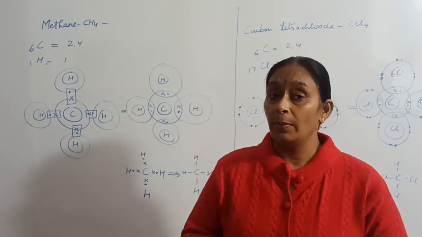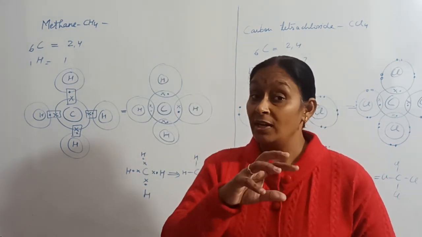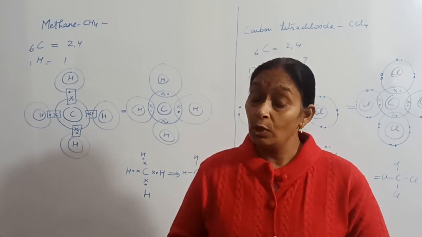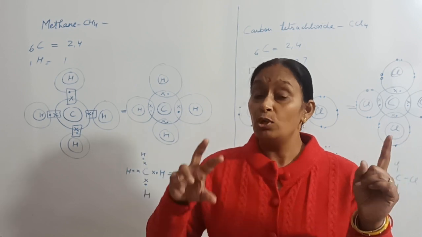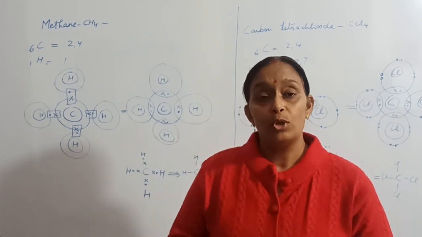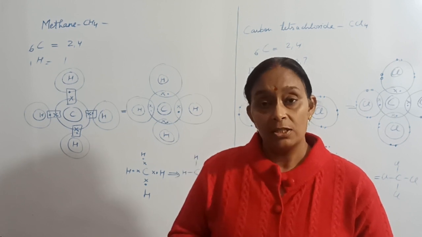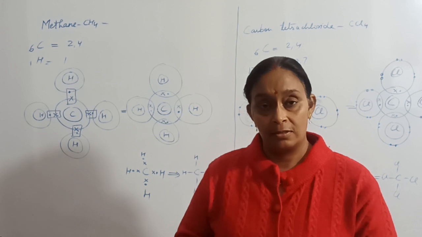But certain covalent compounds, the polar covalent ones I have told you about, can conduct electricity when dissolved in water, because there was charge separation, and when you dissolve them in water, they separate completely as ions, like HCl. When you dissolve HCl gas in water, it forms H plus and Cl minus ions.